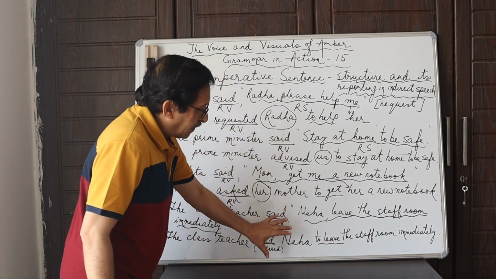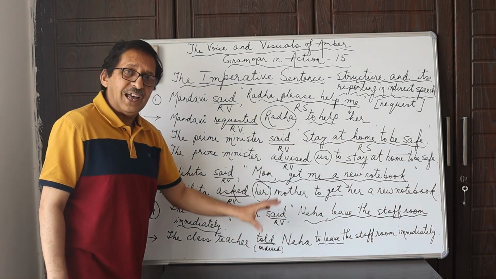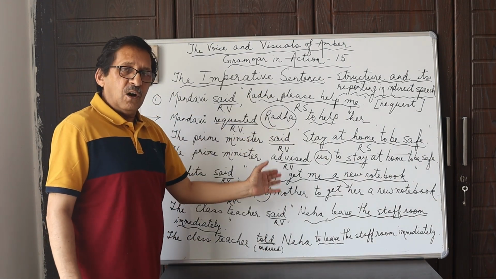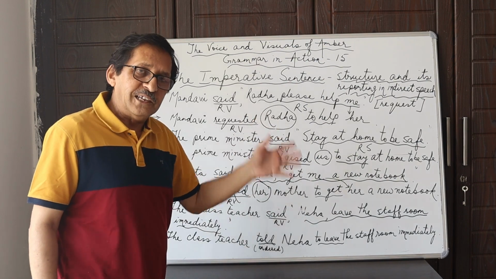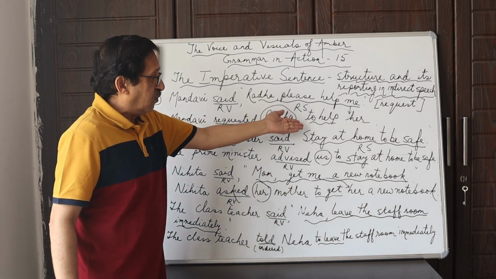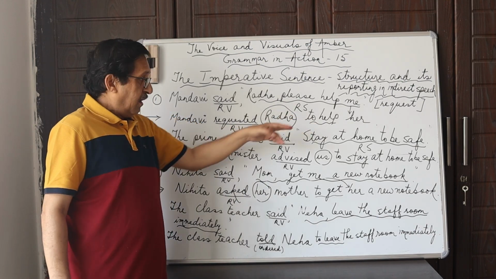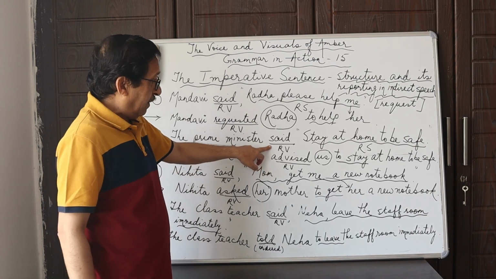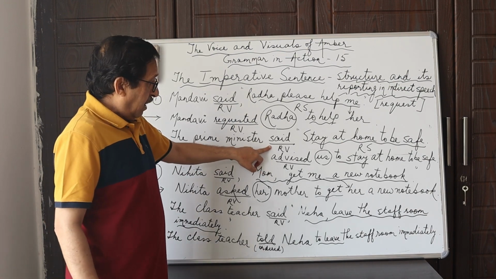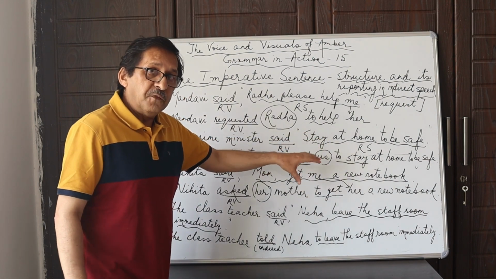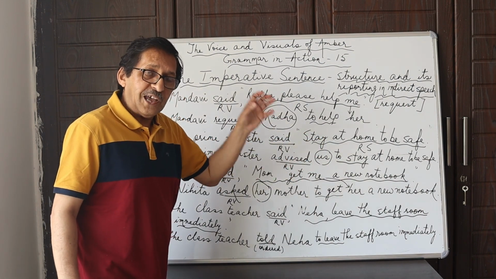So changes do not occur in a variety of ways in the tense of the reported speech, the indirect speech, in imperative sentences. We just have to use the infinitive. But in the other three kinds of sentences, you will see in the subsequent lessons that there would be changes in the verb of the reported speech as well.